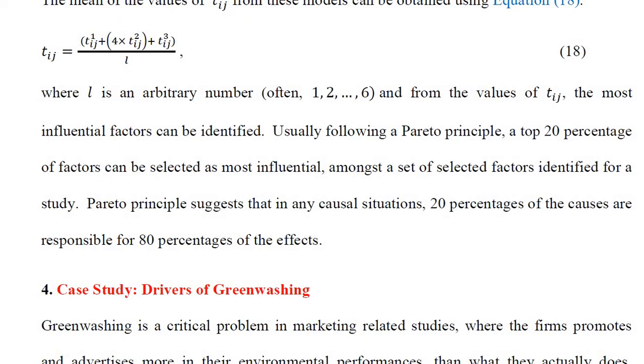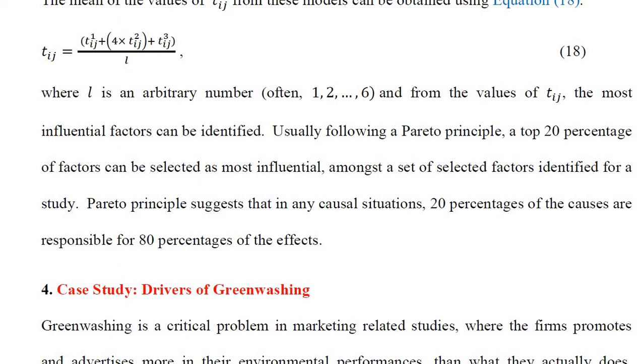So based on the values in Tij, you can easily understand which are the most important factors in a system. We can apply the Pareto Principle also. What is the Pareto Principle? 20% of the factors are responsible for 80% of the problem. If there are 12 factors, you find the most important 20% by calculating 12 into 20 by 100.